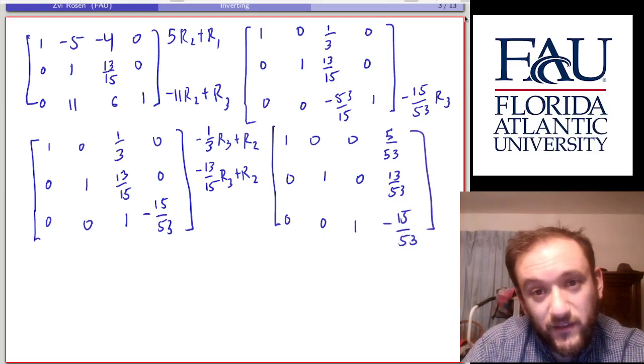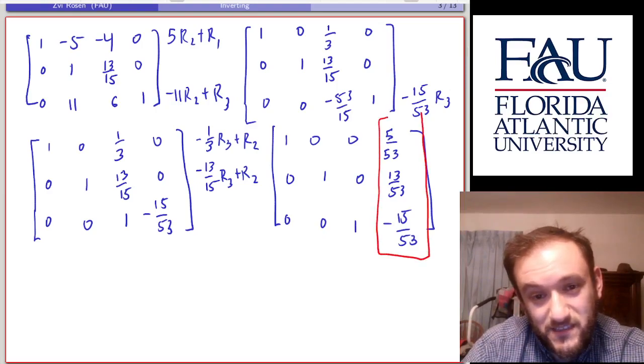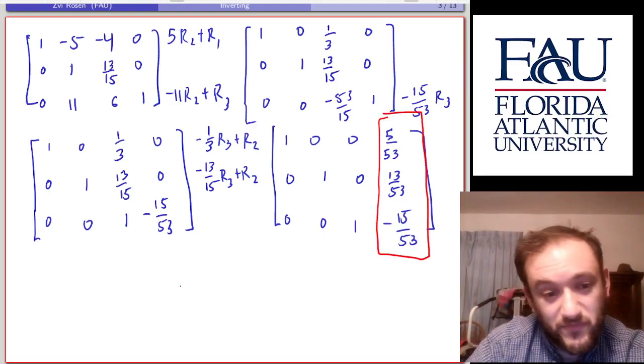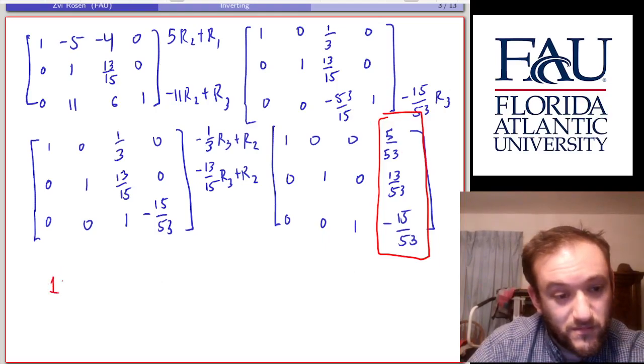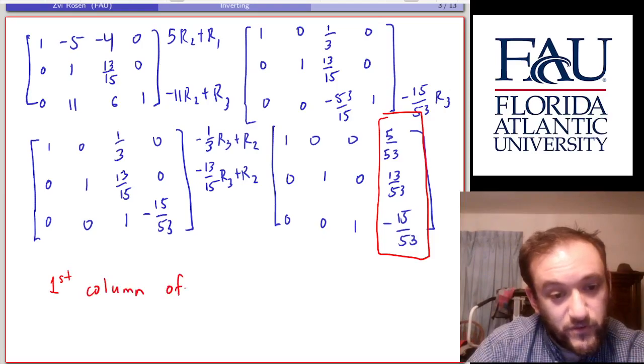Okay, and what that tells us is that this is the first column of A inverse.